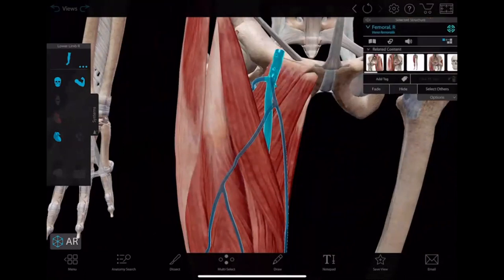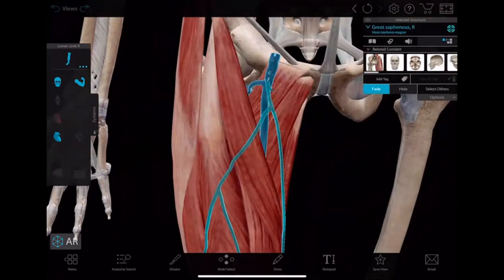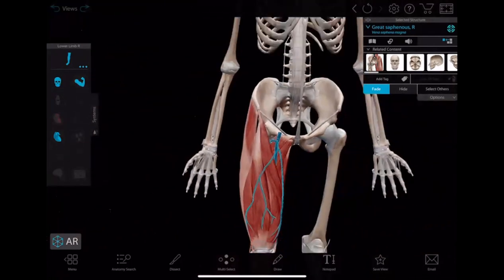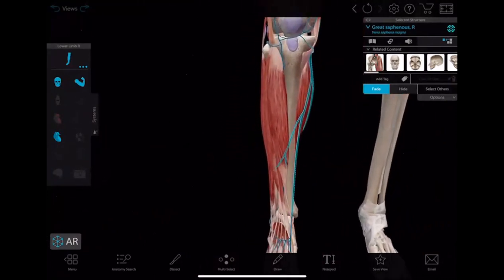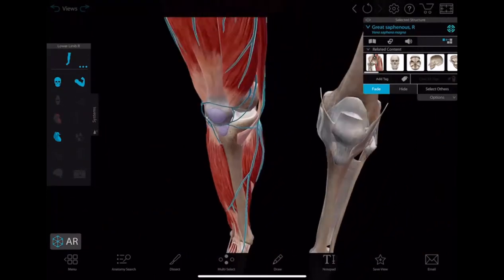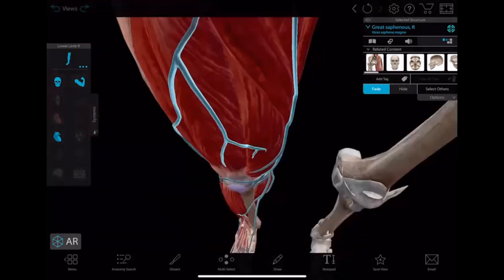So that one is the femoral vein, right? This one is the great saphenous vein emptying into the femoral vein, right? So it pierces the femoral sheath and cribriform fascia in order to empty into the femoral vein, right? So that is its course, simply from the medial side.